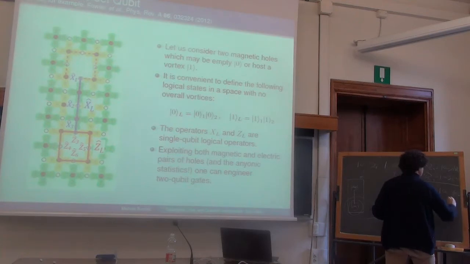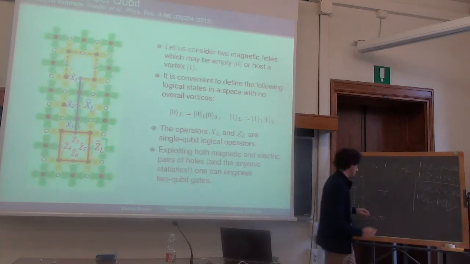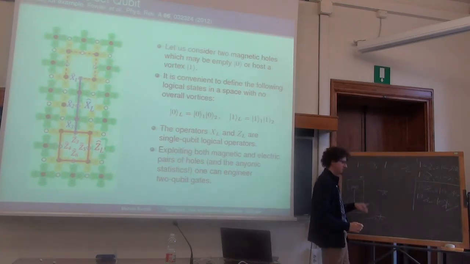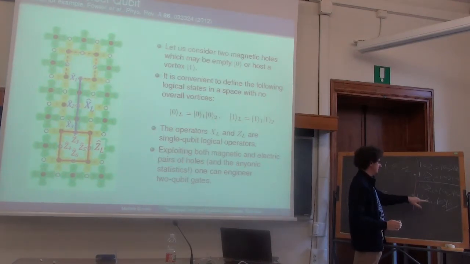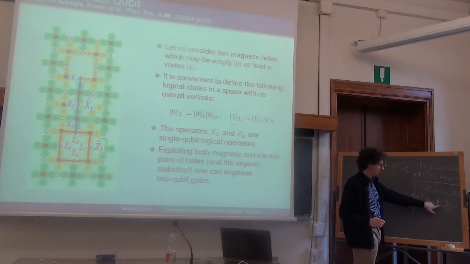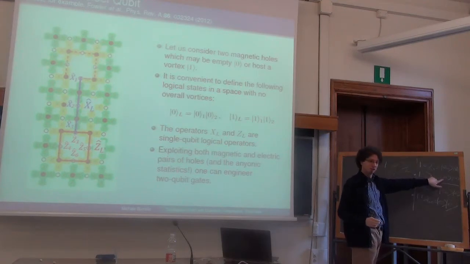If I am able to move these holes one around the other, I acquire an integral phase only when the two states are both equal to 1, because it is the only case in which I am moving an electric charge around a magnetic hole.